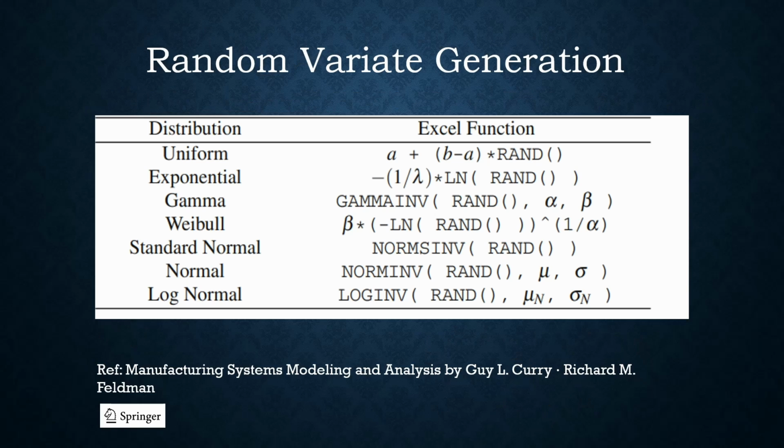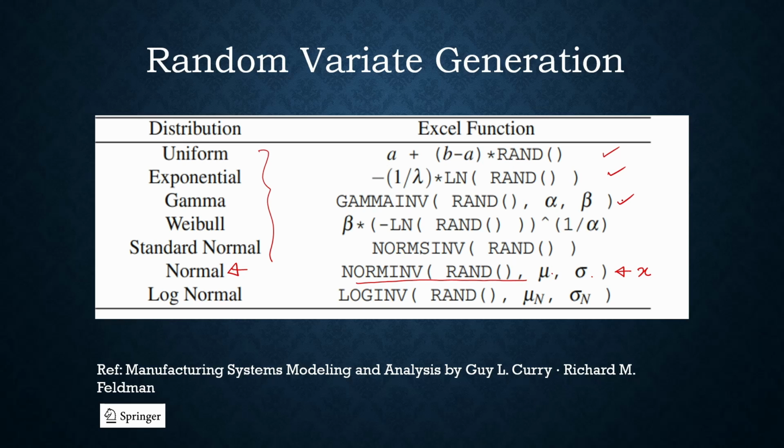Okay, so now I have introduced the process for normal distributions. The same process you see here, the formula is written: norm inverse, random number, mu, sigma. If you insert this, you will get the x value, that means the value of the random variate. And for other distributions also you can calculate it in this way.